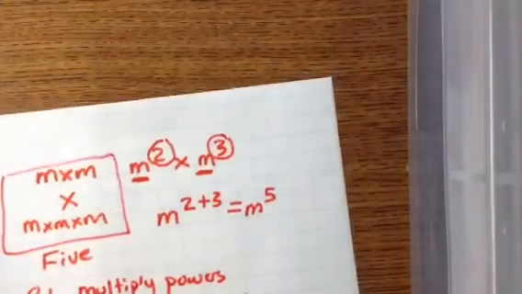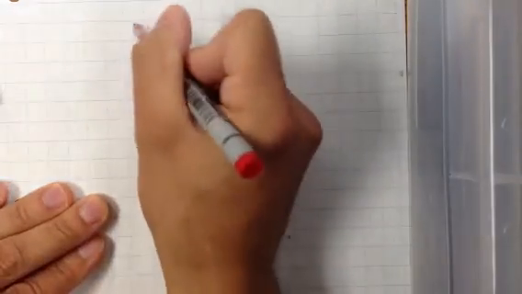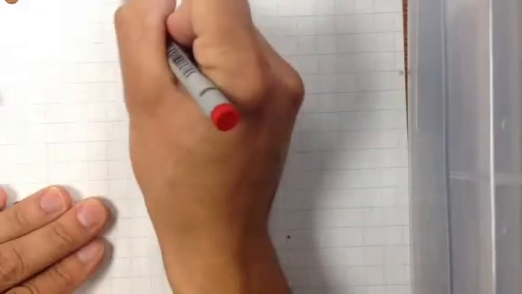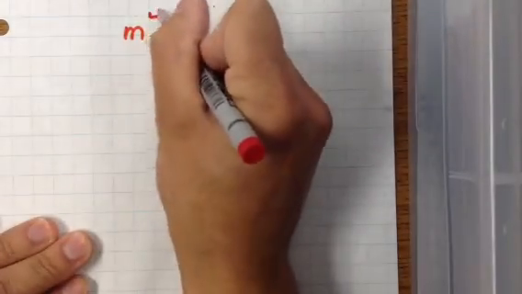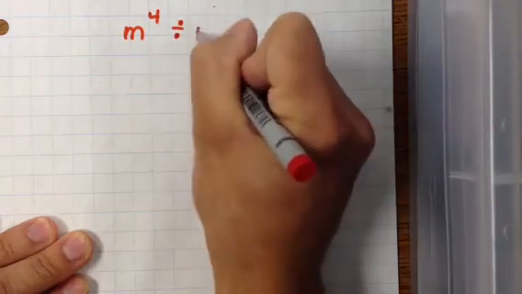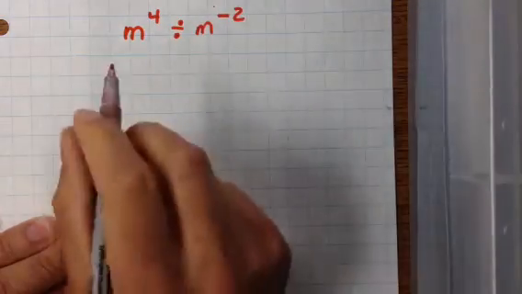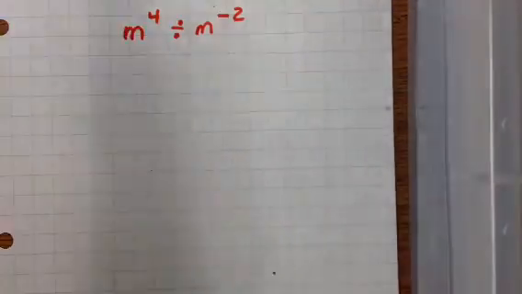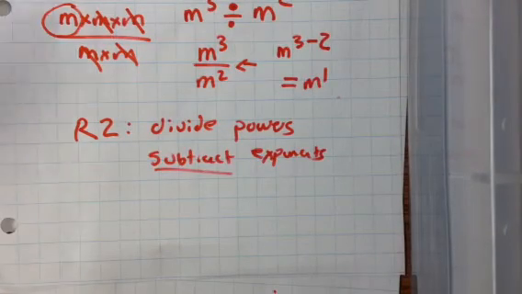Okay, one little thing just to be aware of, and just so you're really careful, you want to make sure that when you do this, and we're dividing, and I had something like m to the 4 divided by m to the negative 2, that you always write your work out. Since we're dividing, we're going to use rule 2, and if we remember, rule 2 is we subtract the exponents.